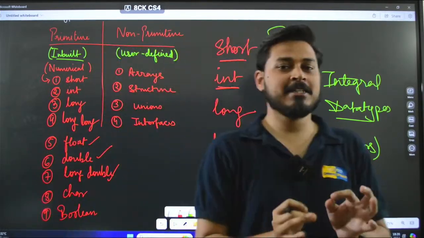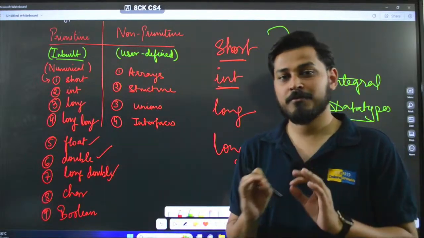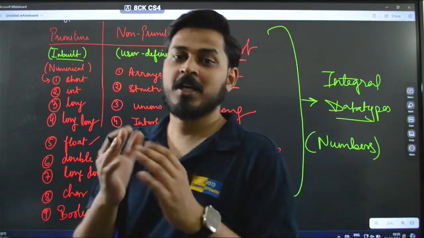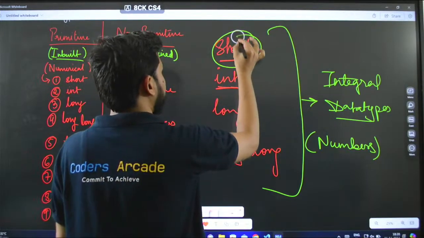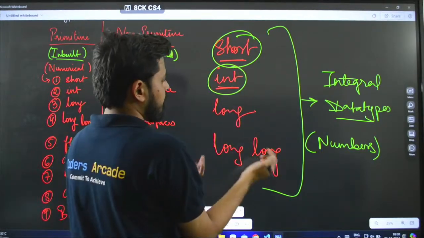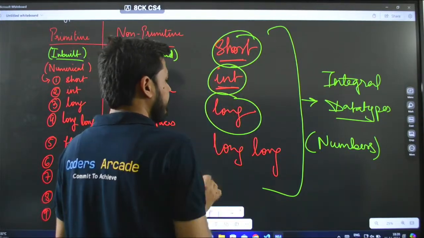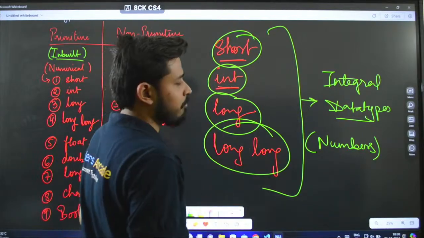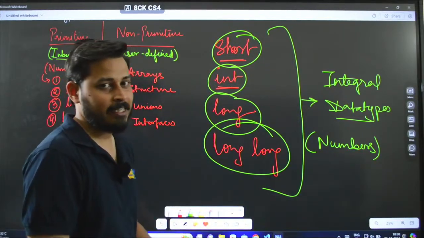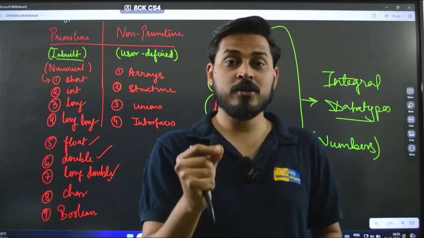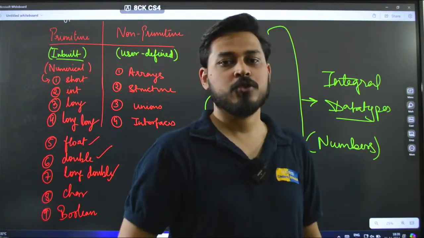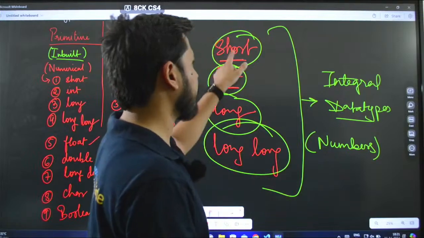In a nutshell, if you don't care about the sizes, short is the smallest number, int is a little bit larger, long is much larger than int, and long is the largest number of all of them. It is so simple. You understood my point? If you want to store a small number, you can go with the short data type.